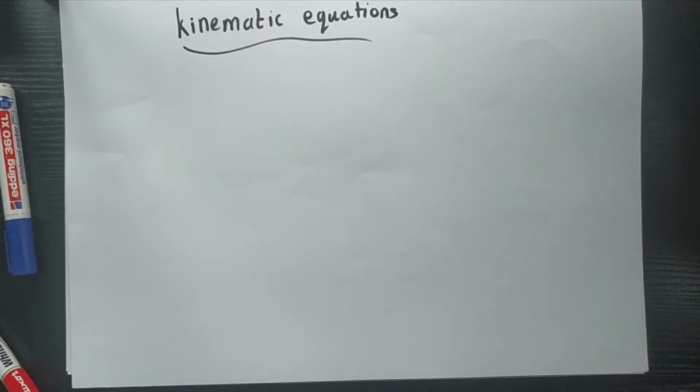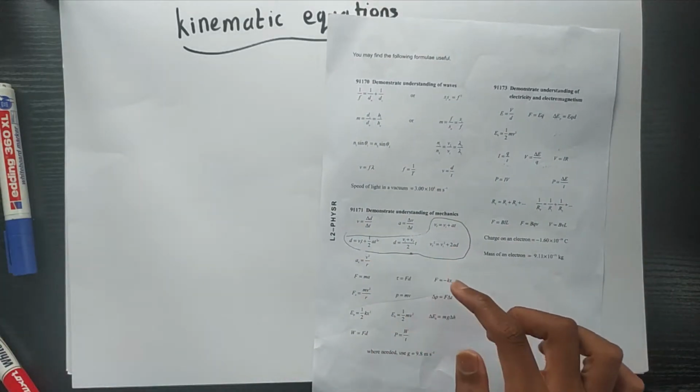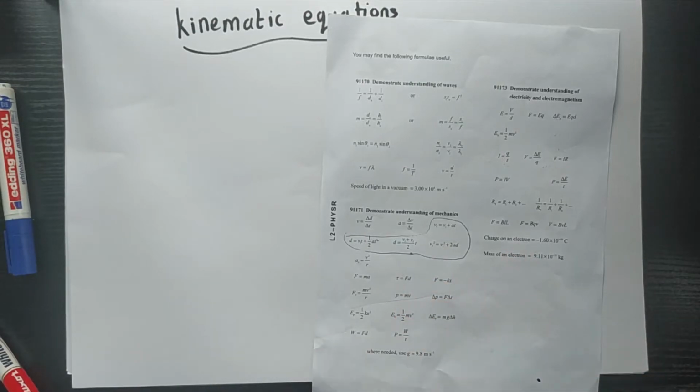In the exam, you'll be given this as your resource sheet. Now there are 4 formulas that relate to kinematics here. However, there's technically 5, and I'm going to write down 5 of them, and I'm going to show you why.